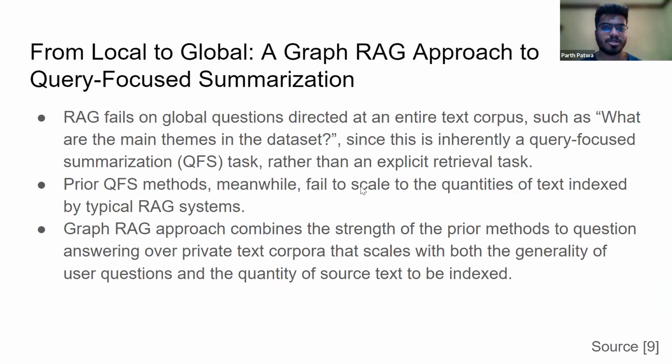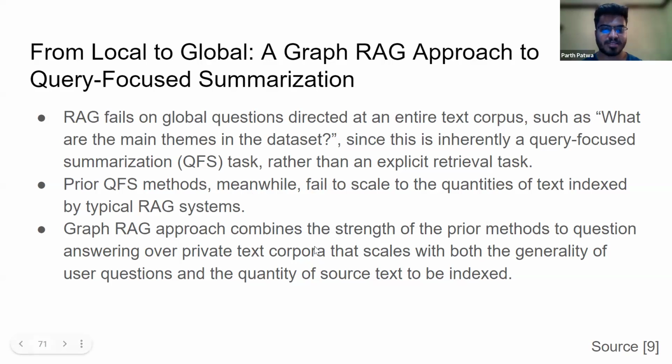So this is one paper on GraphRAG where they are focusing on query focused summarization. So if the question is what are the main themes in this data set, this is a difficult question for a vanilla RAG because there is no relationship between multiple documents in a vector database, or at least not defined in a vector database.